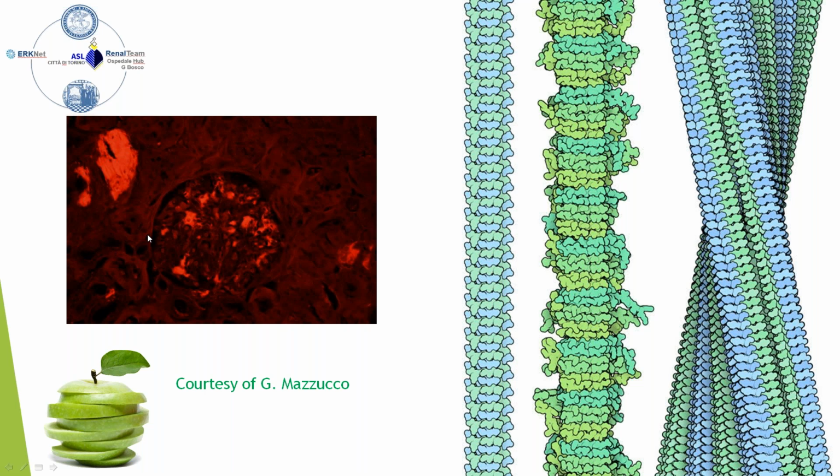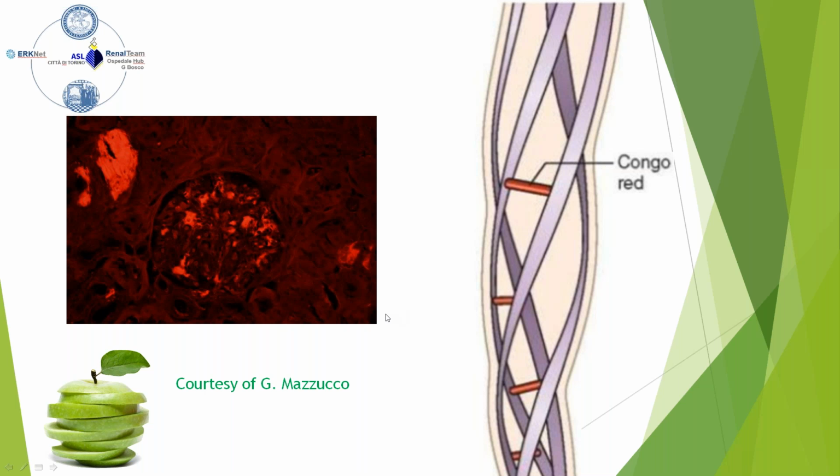Under the fluorescence microscope, we see a quite peculiar red fluorescence, as you can see in this glomerulus. The staining characteristics and the typical birefringence and fluorescence of Congo red are due to the conformation of the amyloid fibers, which allows the dye to be regularly interspersed within them.